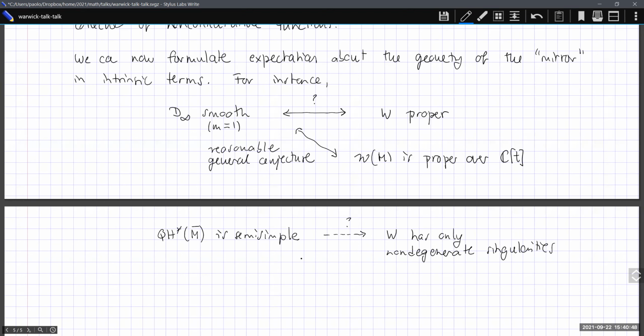Okay. Now, how would I interpret it in terms of homological mirror symmetry?